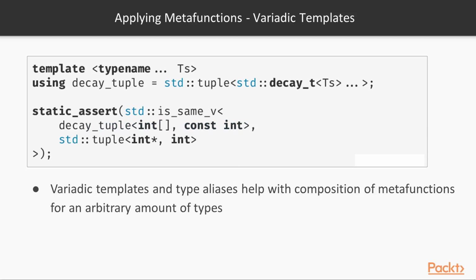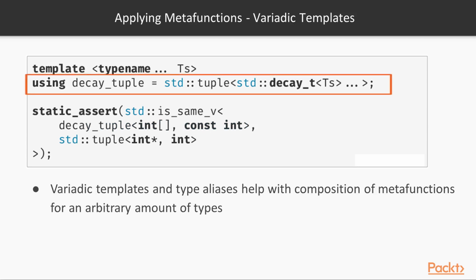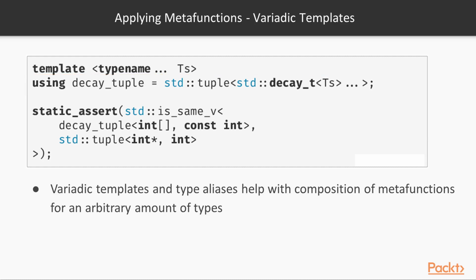Metafunctions are also really useful when coupled with variadic templates. Imagine that you want to create a tuple which decays every element type. In this case, you can simply create an alias called decay_tuple that takes an arbitrary amount of types and then decays all of them by using this pack expansion over here inside the template arguments of a tuple.